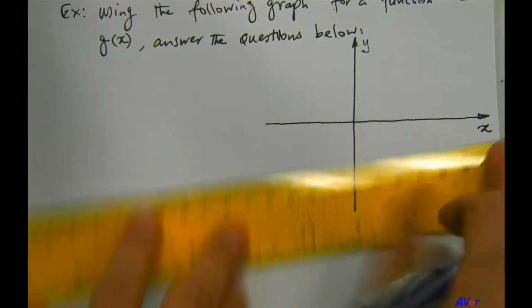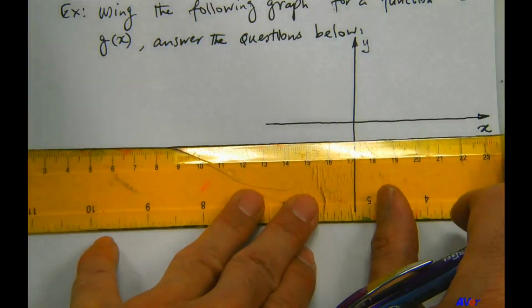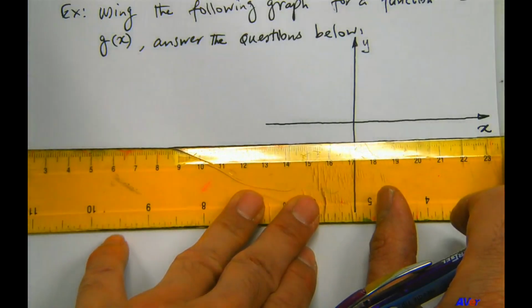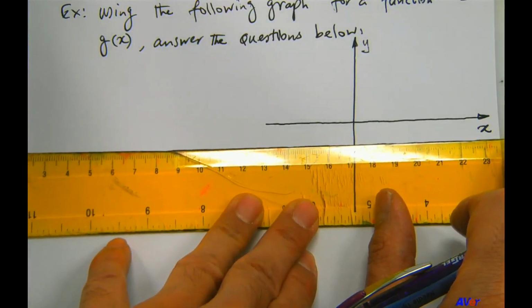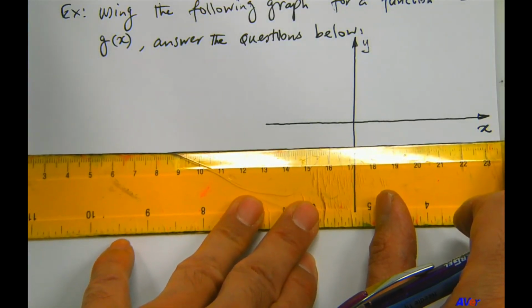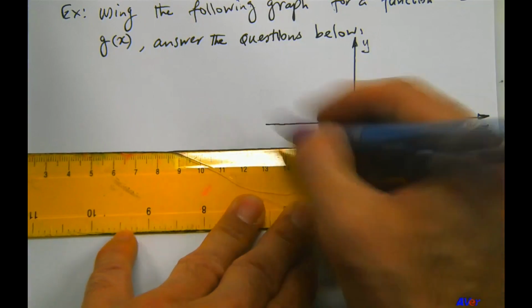We have two horizontal asymptotes, one at y equals -1. So let's draw that here.